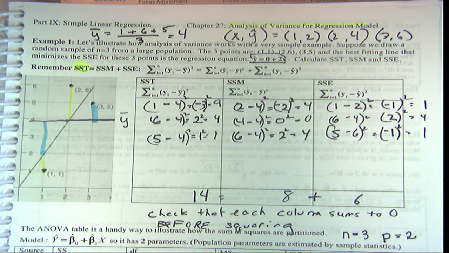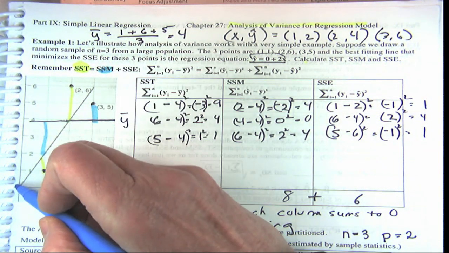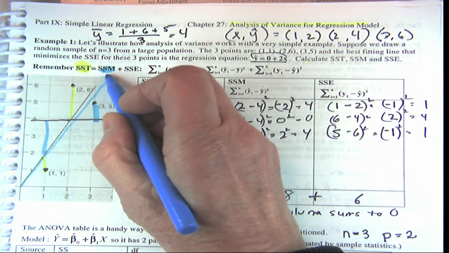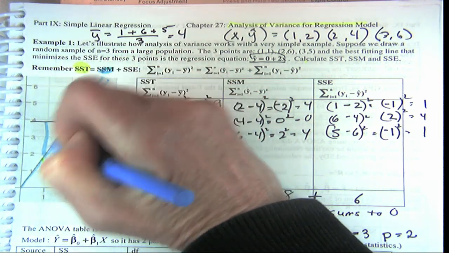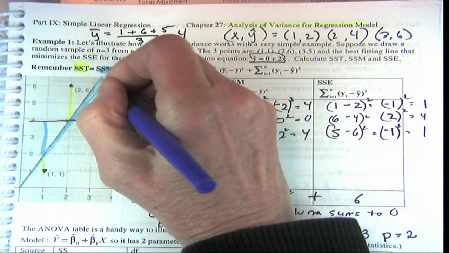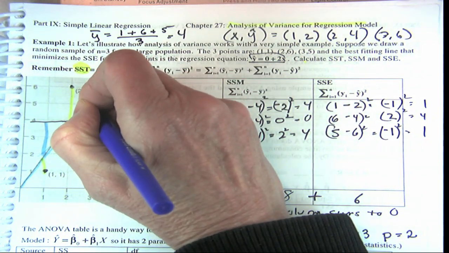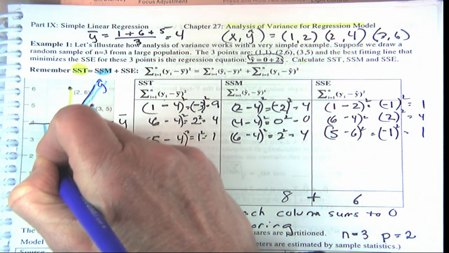One part that's due to our model, which is just this right here. Our model is just a regression line. So that's what we're predicting these y's from, this regression line right here.